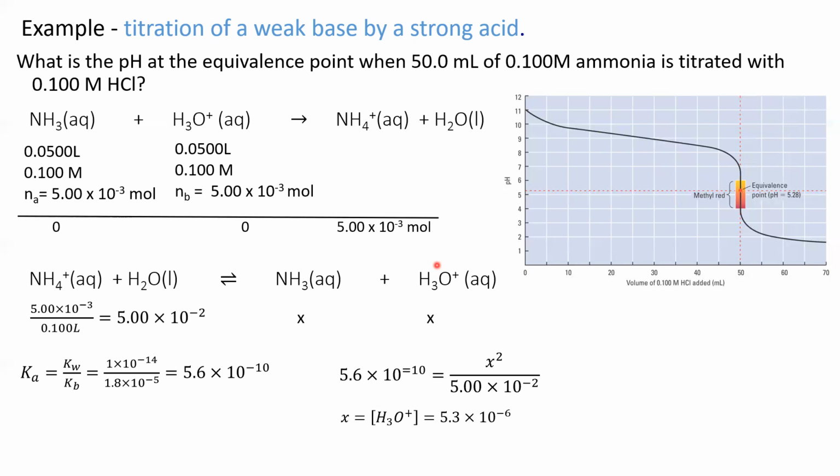All right, so I'm getting 5.3 times 10 to the minus 6 for the hydronium ion. So 5.275 for my pH. What do we think? What kinds of questions do we have on that?